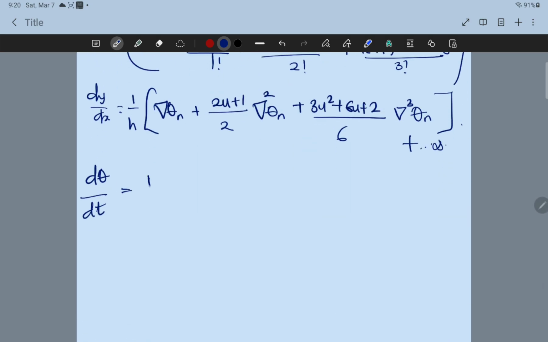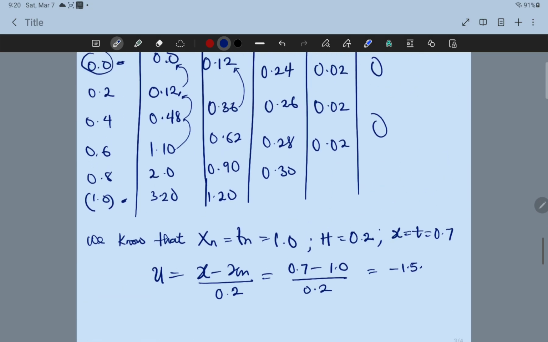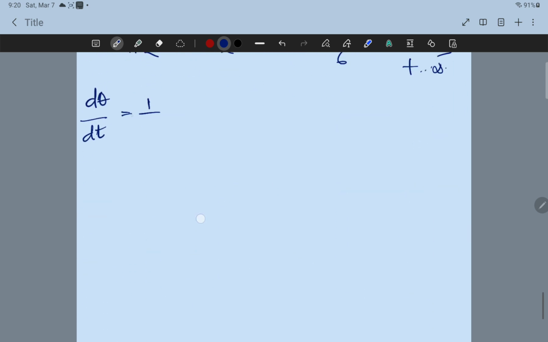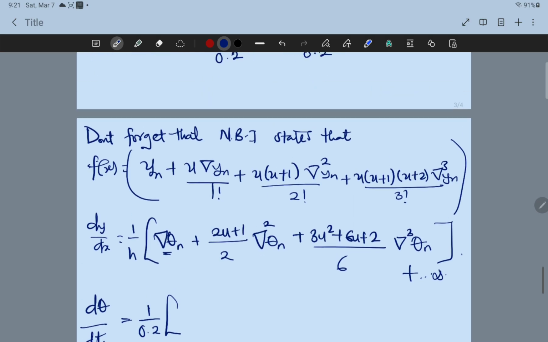So we have 1 over, what is our h, please? We have written our parameters, haven't we? Our h is 0.2. So we have it as 0.2 into the bracket of, we're following the formula, backward difference of theta n.